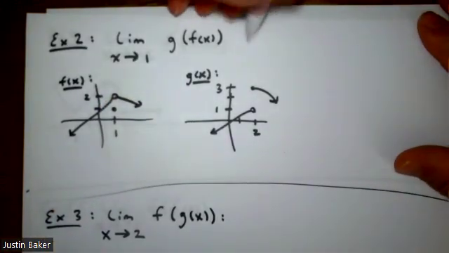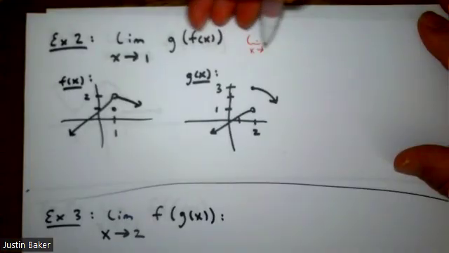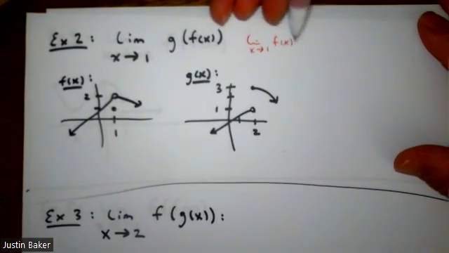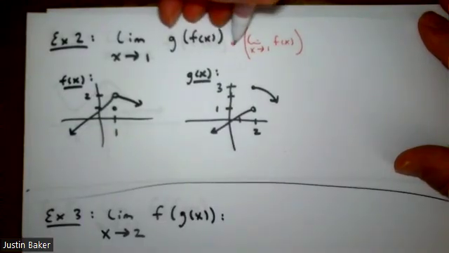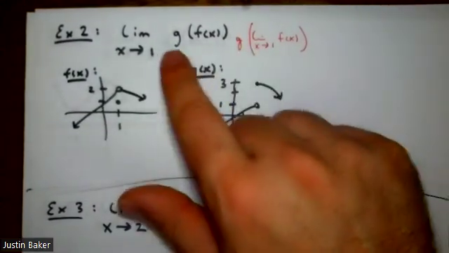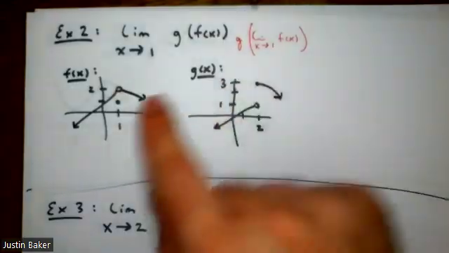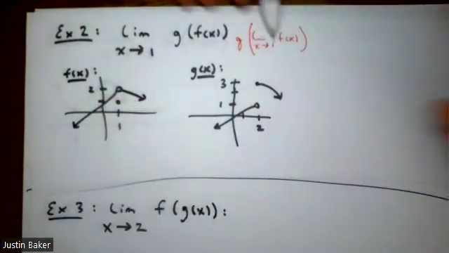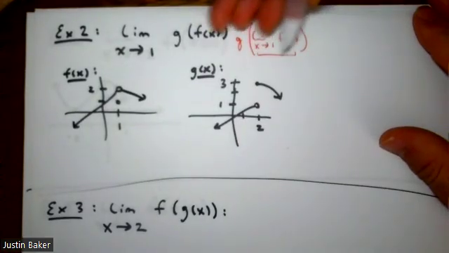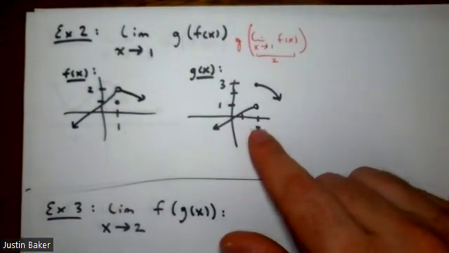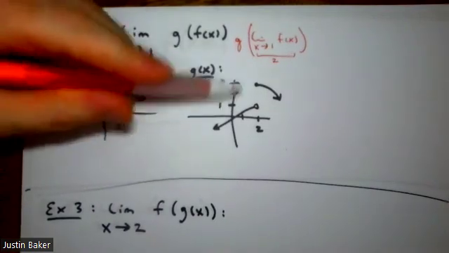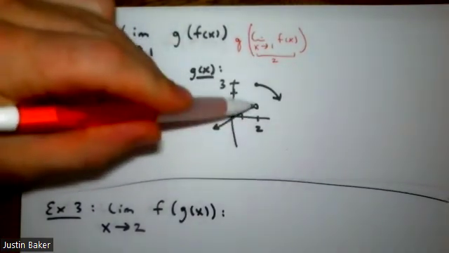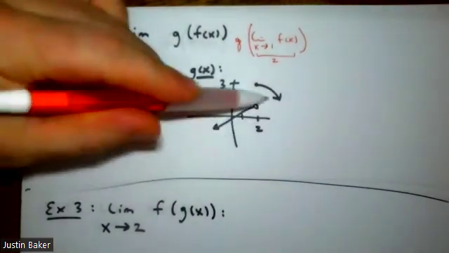So the limit as x approaches 1 for f of x is 2, and then it's going to be g of that, right? Because we plug it into the outer function. But we've got an issue now. When you come over to g, this is not connected, right? So we don't have a clear-cut answer.